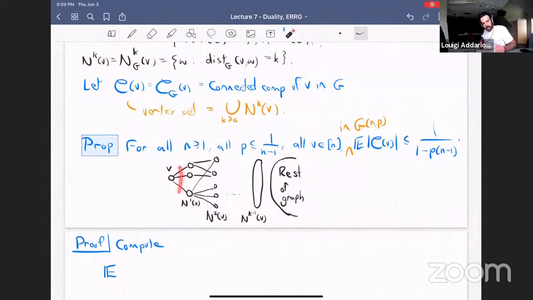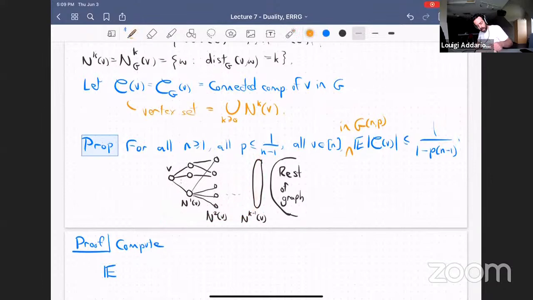So there's some binomial number of neighbors, right? And then I can ask about the value of those random variables one step at a time. First, I'll ask about these ones, and then once I learn about these, I'll ask about all of the edges from N1 of V to the rest of the graph, and so on and so forth. Okay, so I'm imagining that I've been going along doing that.